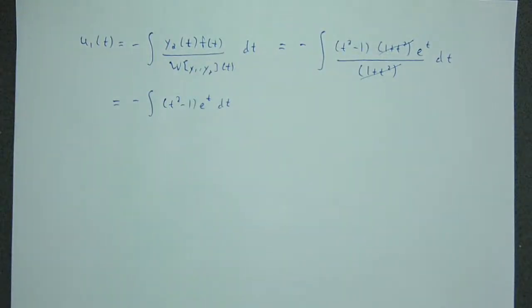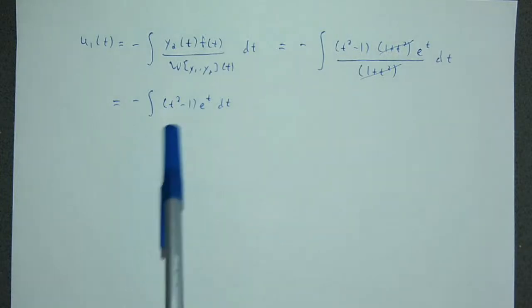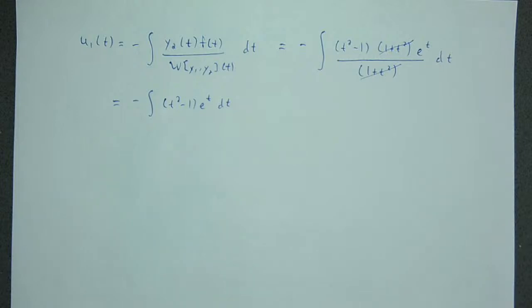Okay. So what do I do here? How do I integrate this? Well, I have to use integration by parts here. That's not too bad. If you like, I could split this up so that I don't have this minus 1 hanging around.